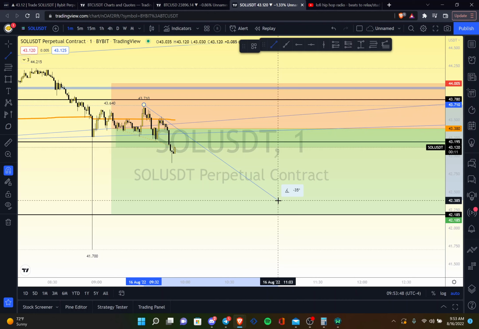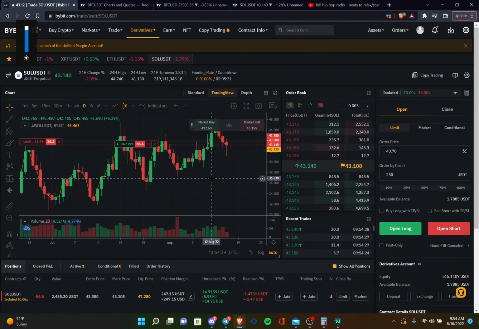Can you see my Bybit screen right now? You should be able to. It's just not that clear. Oh, you can see it? Maybe it's because it's a very dark screen anyway. I'll see if I can change that in the editor or something. I'm a total noob when it comes to all this.